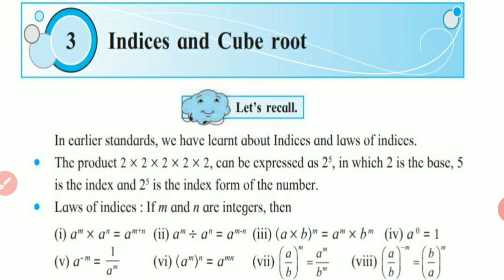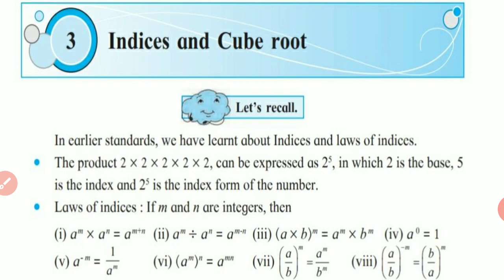Some laws you have learned, that is laws of indices. If m and n are integers, then there are 8 basic laws. First one, a raised to m into a raised to n is equal to a raised to m plus n.